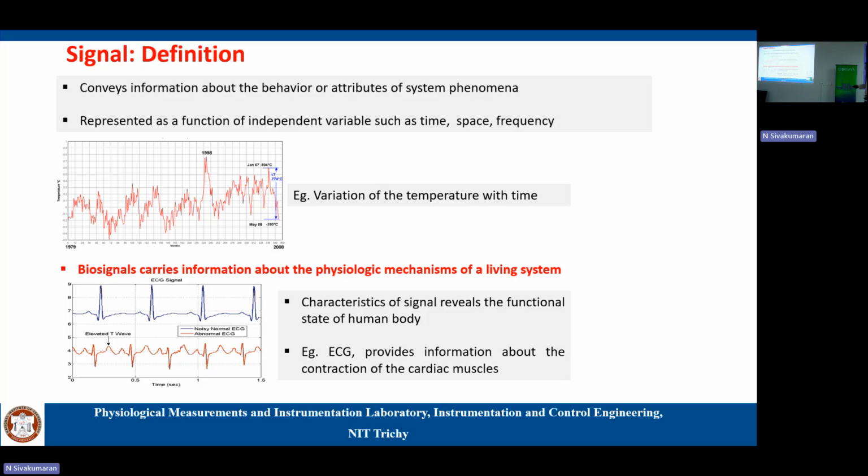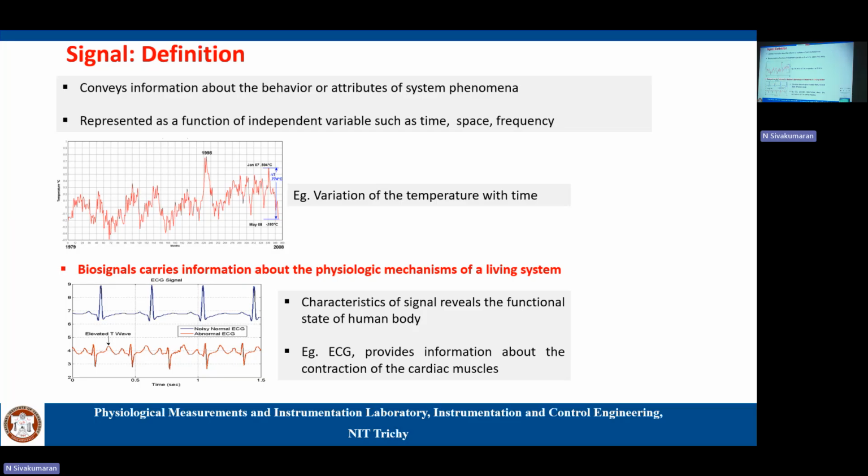You can see this is the ECG. Those who are doing a medical engineering course know about this, but at some point in your life you might have seen it.